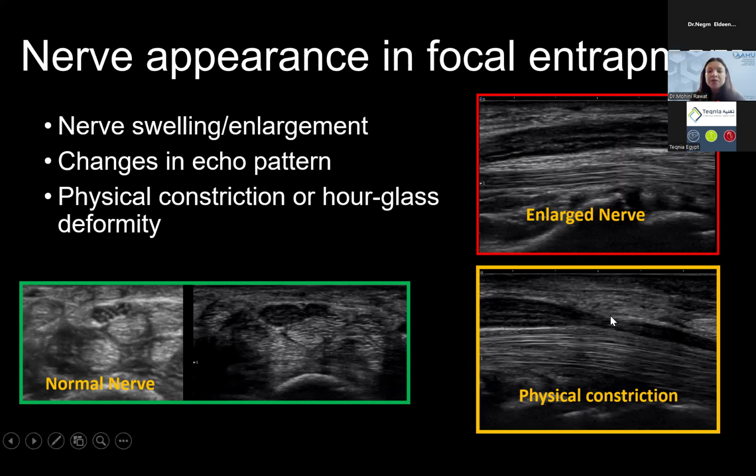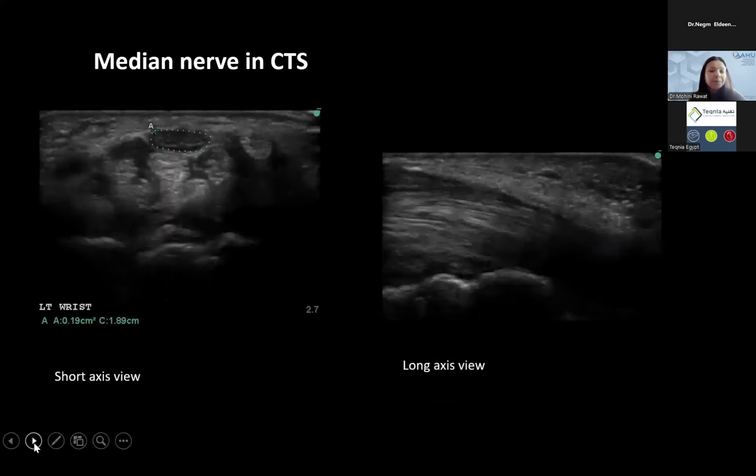So we see the constriction site and swelling proximal to that. These are the classic or typical features of nerve entrapment, and this can be applied at various sites within the upper extremity. Although our talk is more focused on the carpal tunnel region and cubital tunnel region, these features can be applied to other sites in the upper extremity.